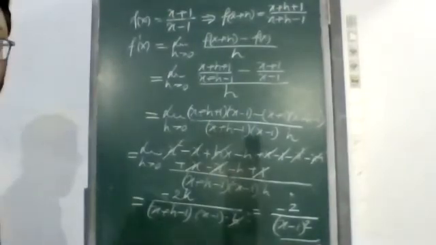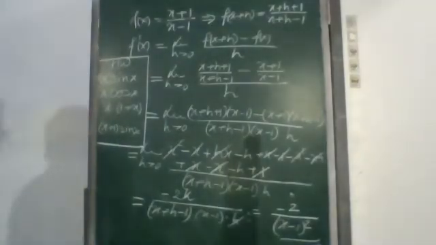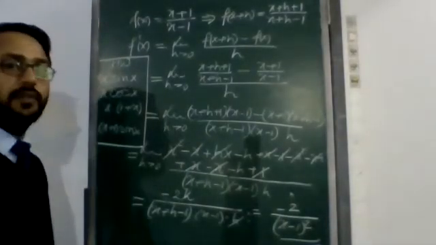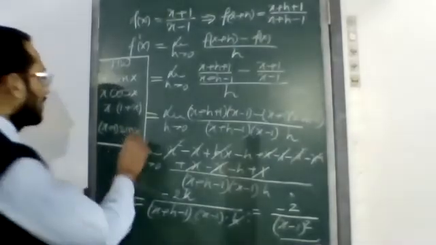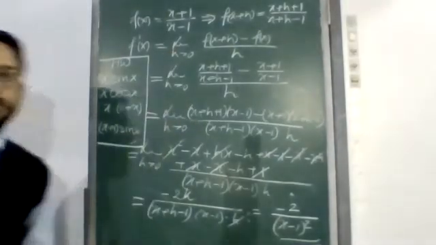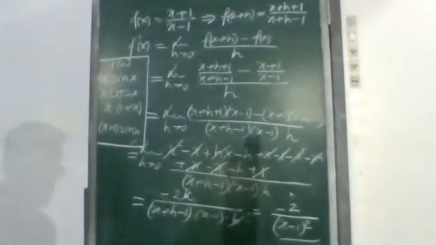This way we can do this kind of question. These are the questions which you need to do in the homework, based on the first principle method. You all will be able to do these questions.